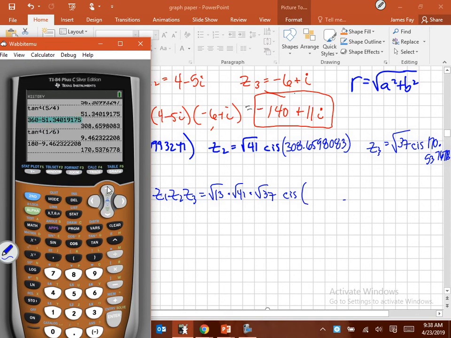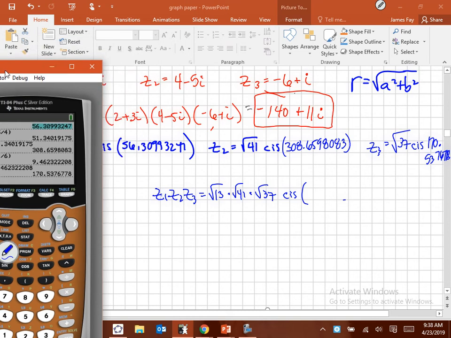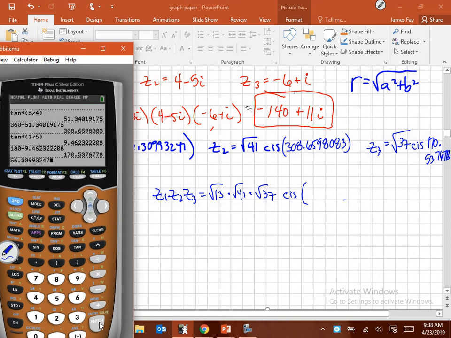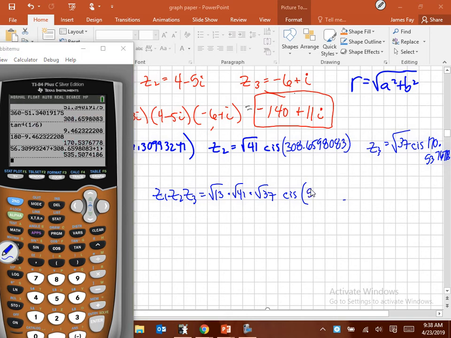This is a nice thing about maybe using this calculator for this. I can go back up and just pick off those, cut and paste them. Get this angle of 535.5074186. Okay, so when we take the 13 times 41 times 37, that gives me 19,721.